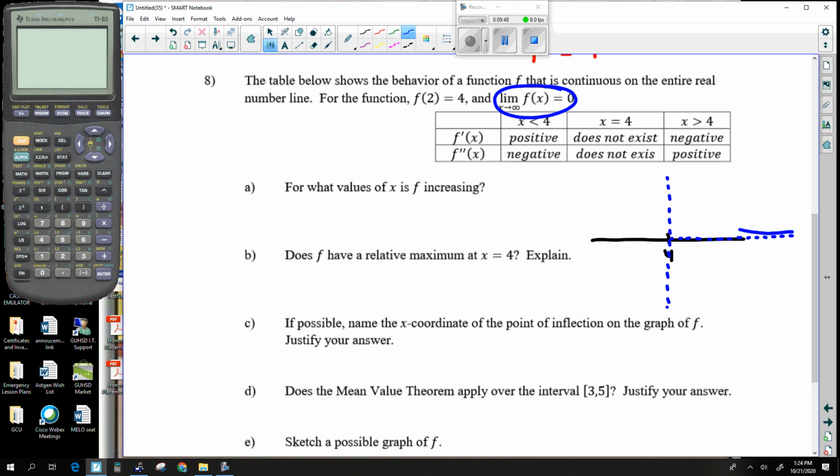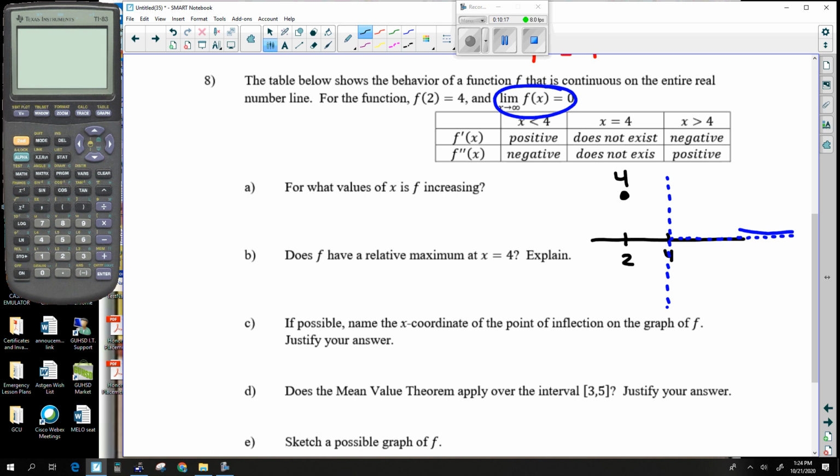When x is less than 4, I'm sorry, x is 2. So what I notice about this is that when x is less than 4, the slope is positive, and the second derivative is negative.